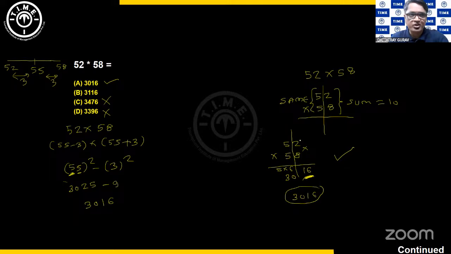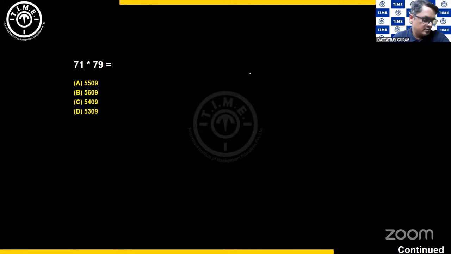So take one more question now. Try to work on this: 71 into 79. What is the first method I can say? I can say nothing but 75 minus 4 into 75 plus 4.